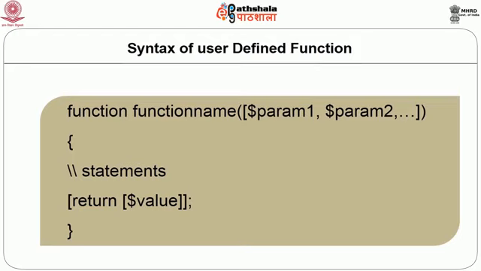And then in the function block you can write statements and optionally a return value, because a function can return some value, and when it reaches the return statement, the execution of the function is stopped and it will pass the value to the calling program. Now if you do not write a return value, then it will return null, or if you write only return and do not specify a value, then it will also return null.